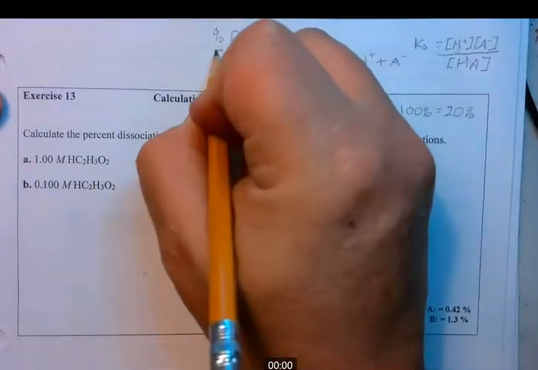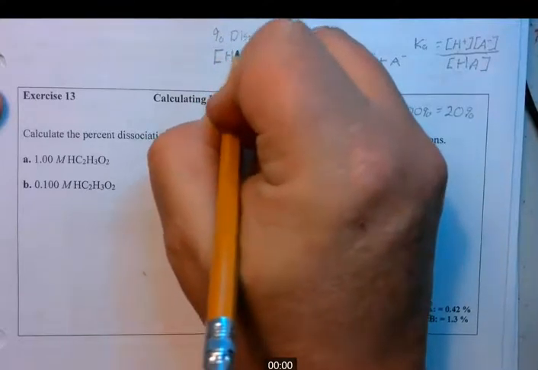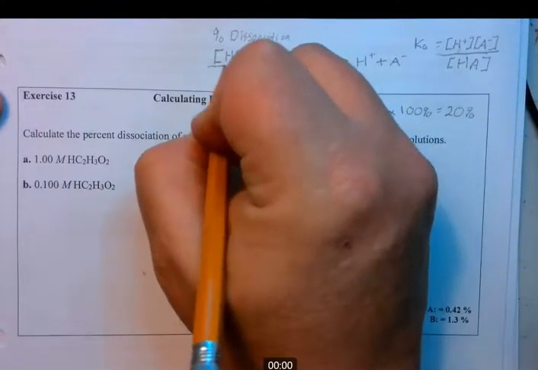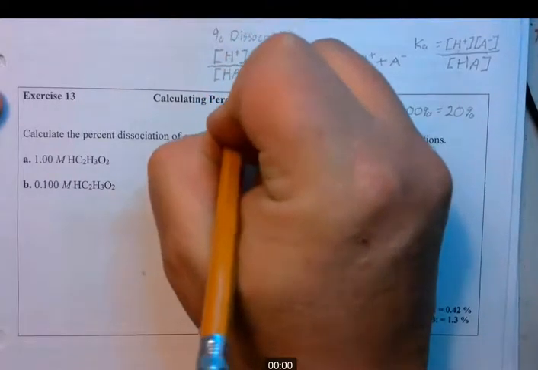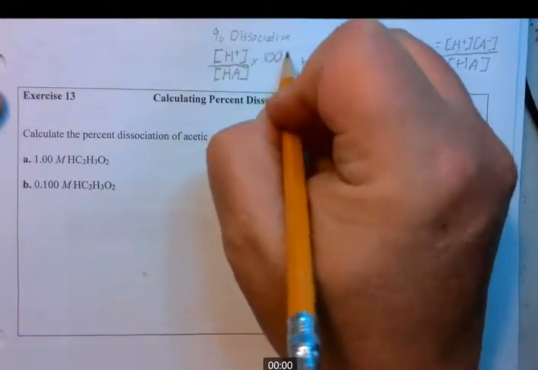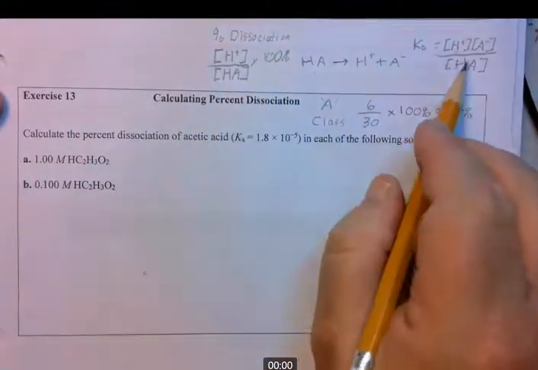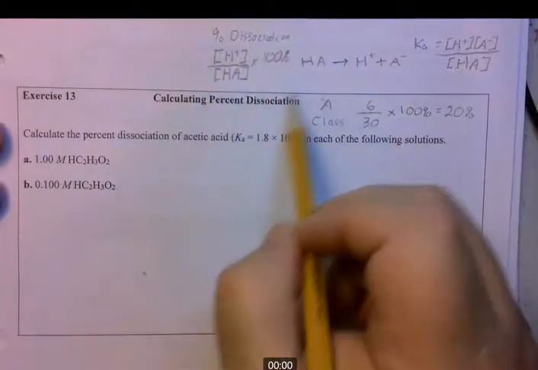It's simply going to be H plus, the number that broke up, over the total number that we started with, times 100%. So it's not the same as computing the law of mass action for this. So we're going to use this.